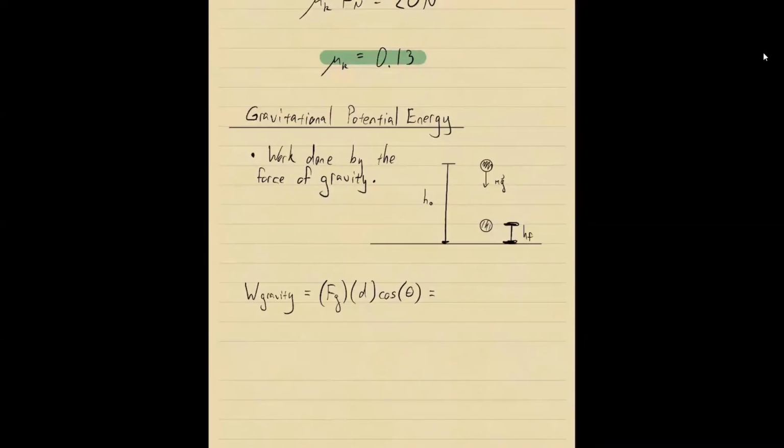So this is equal to the magnitude of our gravitational force times the magnitude of our displacement. Now keep in mind, even though our displacement is our final position minus our initial position, this is the magnitude of it, so we want this to be the positive value. And so that magnitude is going to be our initial height minus our final height. And then cosine of 0 is going to be 1.